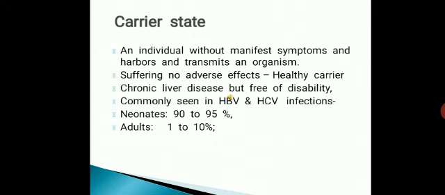It is commonly seen in hepatitis B virus and C virus. B and C have a carrier state. If B or C virus occurs in a neonate, then 90 to 95% of the children become carriers. In adults, only 1 to 10% of the infected individuals go into a carrier state.